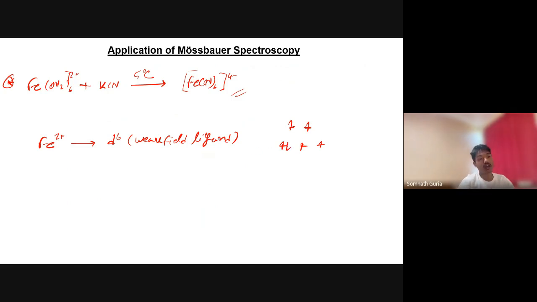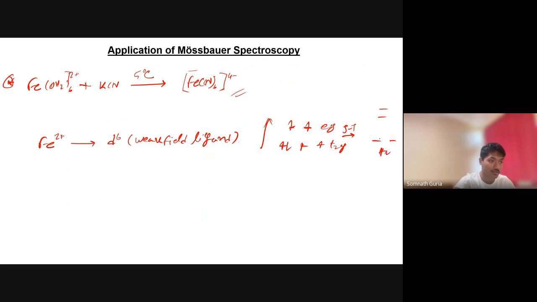Now there is one electron with an unsymmetric electron distribution in the t2g level. So it follows Jahn-Teller distortion.